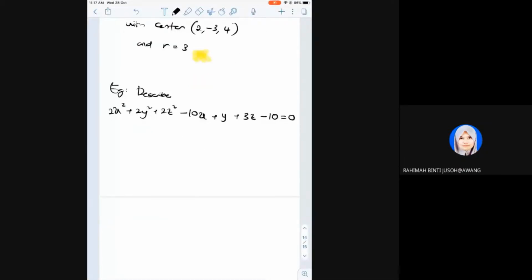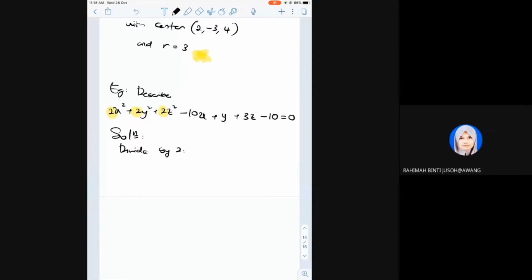Saya tukar. Okay, so first of all, what you should do is you have to divide everything by 2 because in order to use completing the square, we need to ensure that the coefficient of x squared, y squared and z squared is equivalent to 1. So you have to divide everything by 2. Okay, so first step, divide by 2.